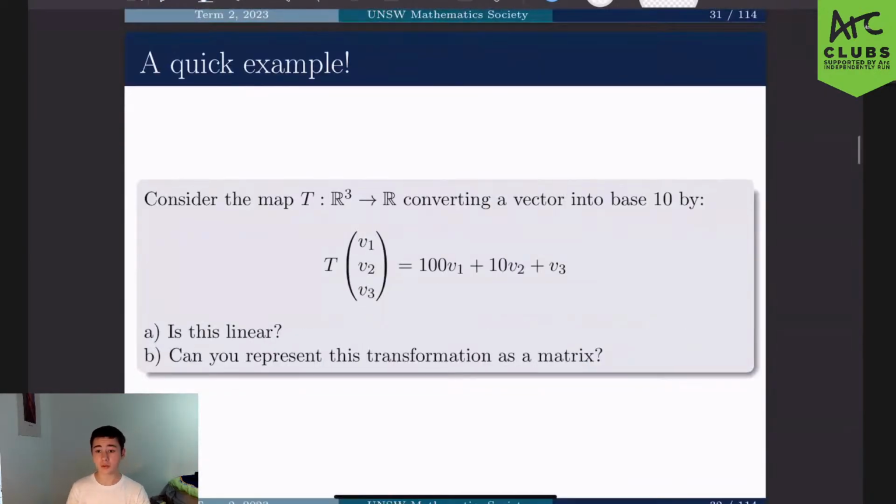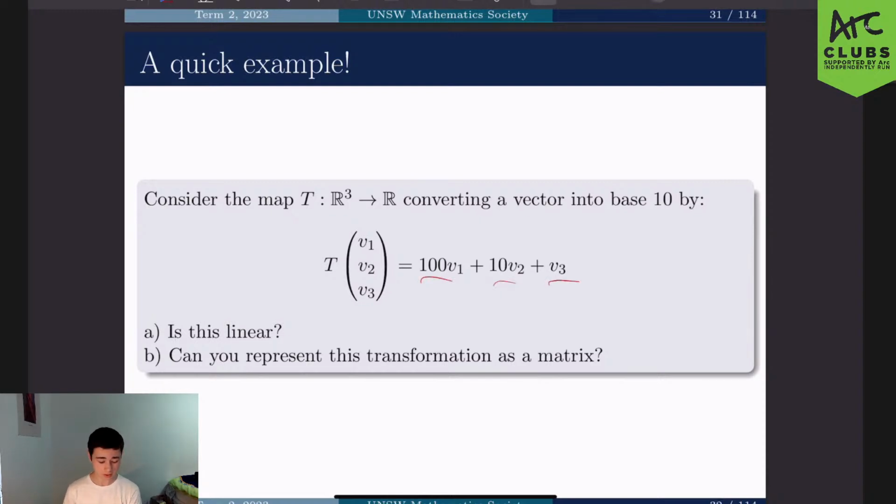Here we have a quick example to push us in the right direction. We are going to consider this transformation where R3 is turned into R, where we take essentially base 10 of v1, v2, and v3.